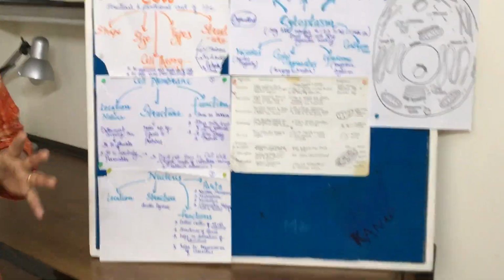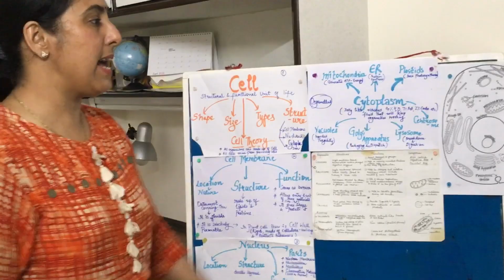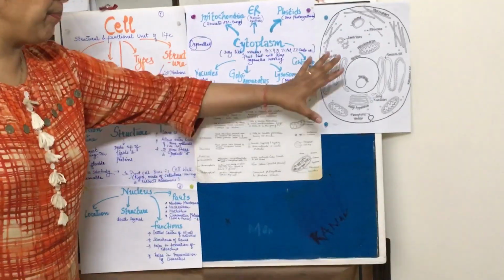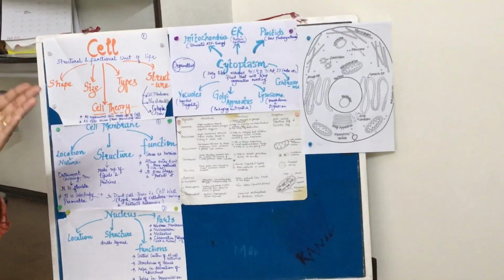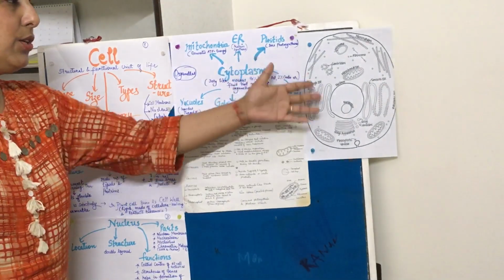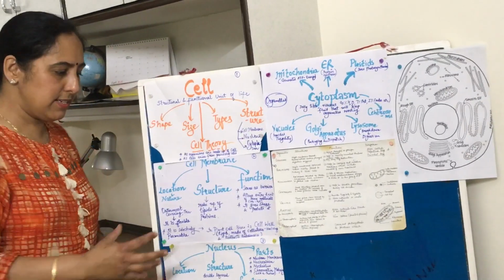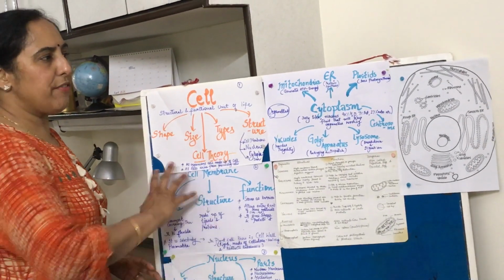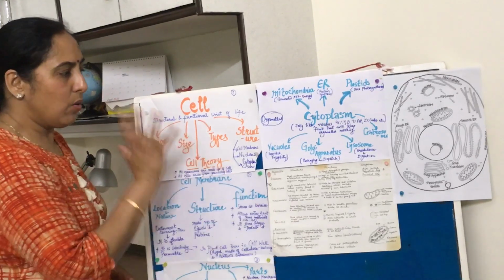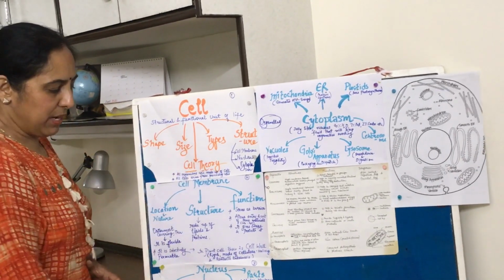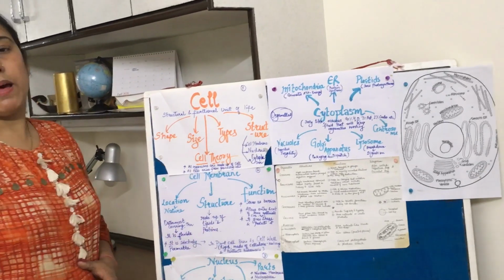Now let us focus on the control center, that is the nucleus. This diagram is not perfectly appropriate, but it will give you just a slight idea of what a nucleus is all about. The nucleus is a control center. Whatever information the cell has got, what type of cell it is, what its origin is, all information will be stored in the nucleus.